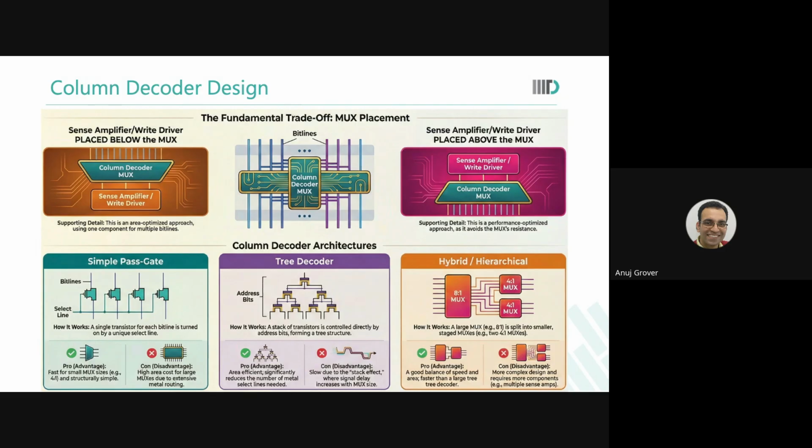In SRAMs, you might have a very high density and very low power SRAM where you do not use a 6T cell but some other kind of cell whose stability is maintained, and you can keep the pre-charge off. For example, in an 8T cell on the read bit line, you can decide to keep the pre-charge off if you know that this memory is not to be accessed very frequently. So those decisions you can take depending on the use case.